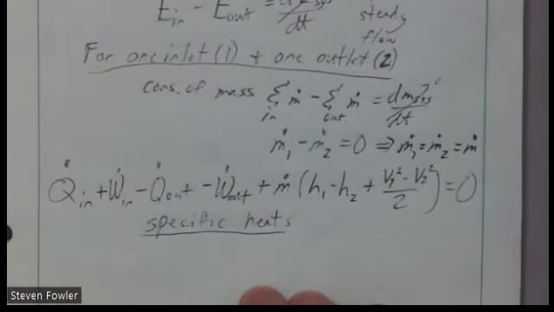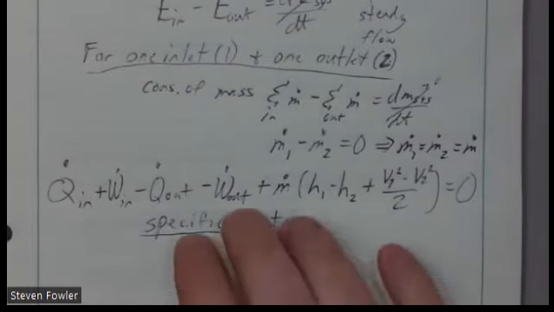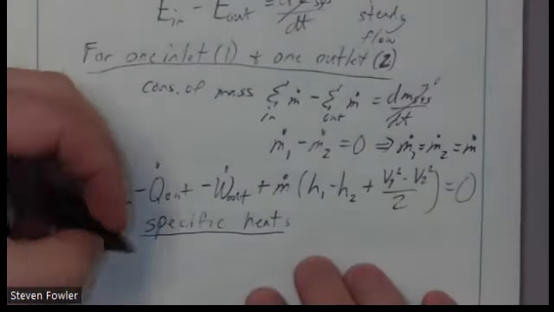We talked about three ways we can find changes in internal energy or changes in enthalpy. One being the property tables, great for water and R134. If it's an ideal gas, I can use property tables to find U's and H's if I know the temperatures. For solids and liquids, we'll use specific heats. We can also use specific heats for ideal gases.